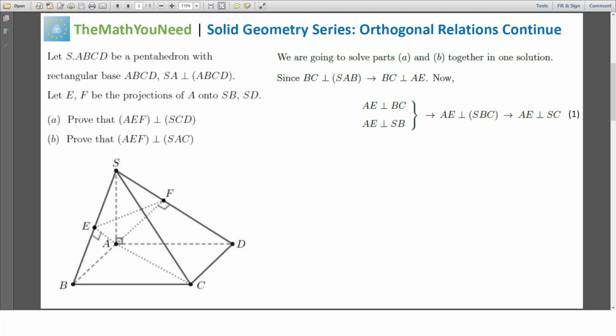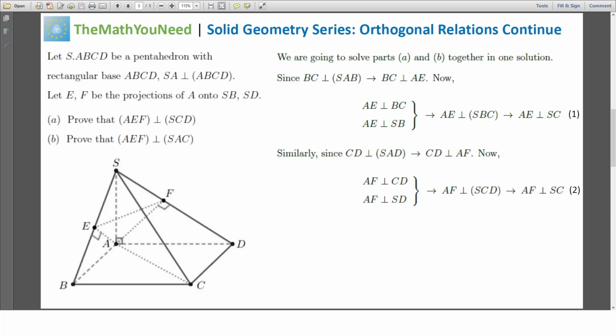Likewise, we have CD is perpendicular to SA. But CD is also perpendicular to AD. So that means CD is perpendicular to plane SAD. Therefore, CD is perpendicular to AF.